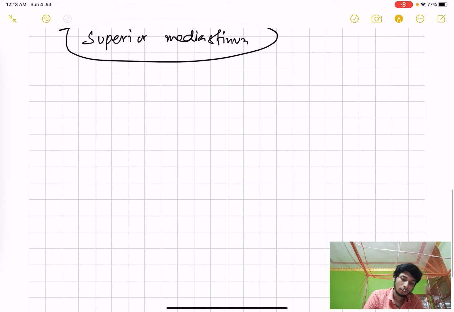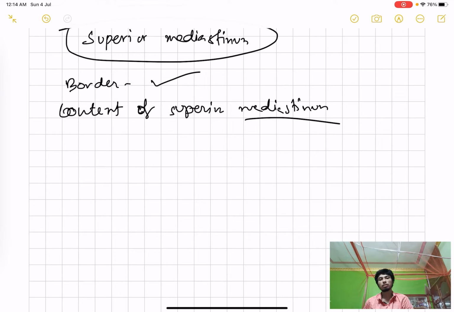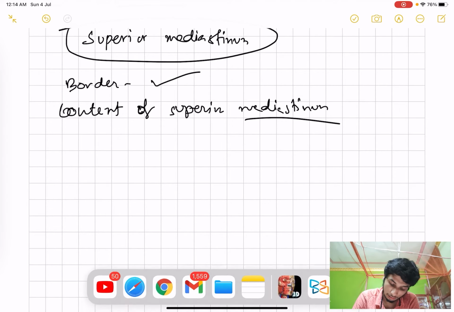Superior mediastinum. We discussed the borders, that's done. Now the contents of superior mediastinum. Before that, I should show you there is an important landmark at the transverse thoracic plane that will help you understand the contents of superior and inferior mediastinum.